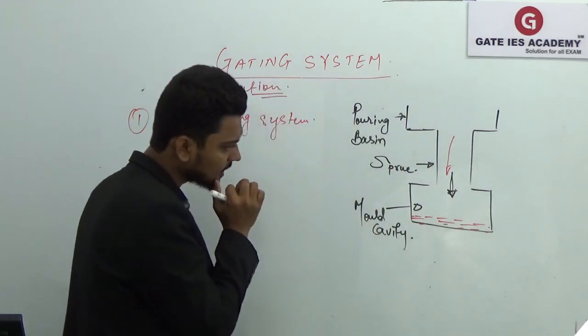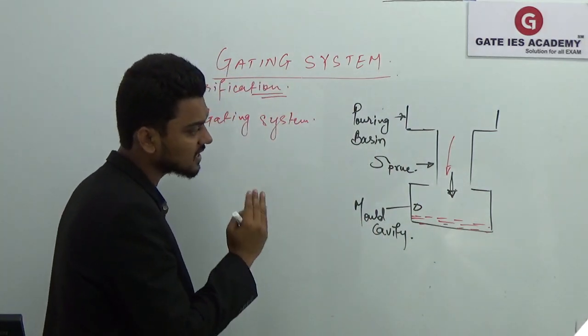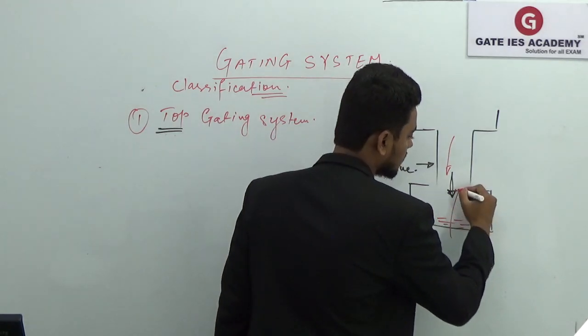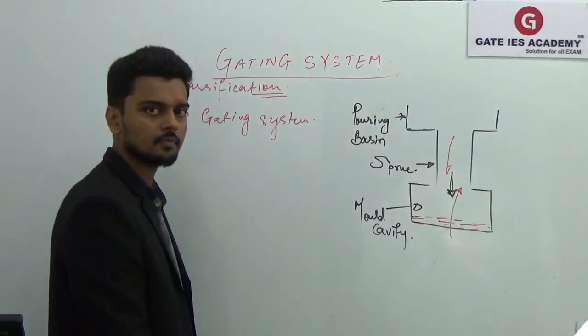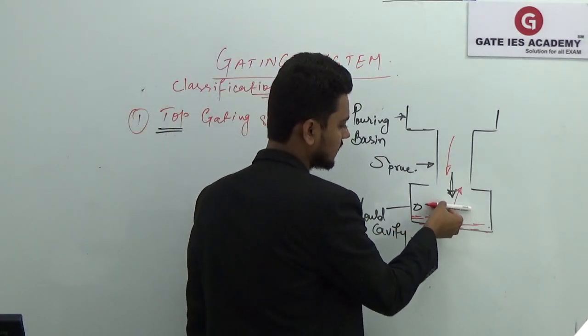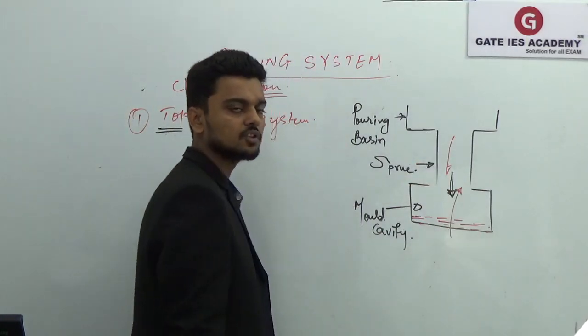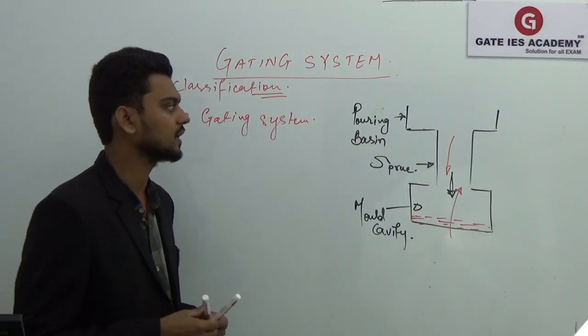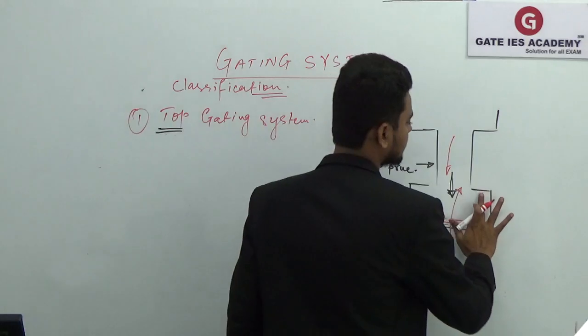So the molten metal in the mold cavity will start solidifying from the bottom of the cavity towards the top. Initially it will solidify here, then here, then here. So this is progressive solidification.